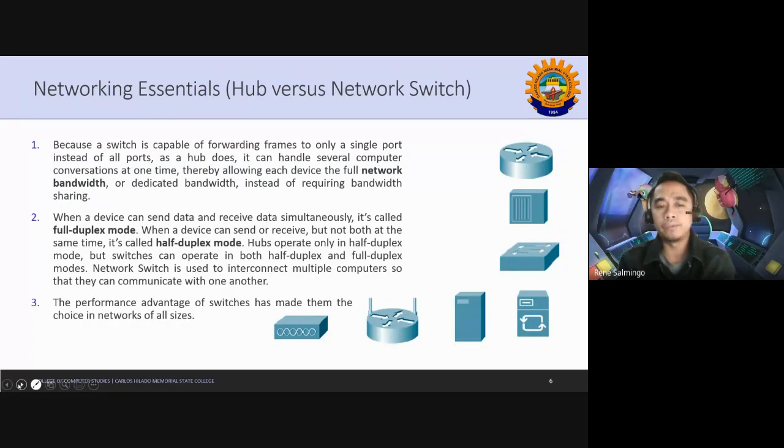When a device sends and receives data simultaneously, it's called full duplex. If the data can be sent or received, but not both at the same time, it is called half duplex. Hubs operate only in half duplex, while switches operate in both ways. Also, the performance advantage of switches made them the choice in networks of all sizes.